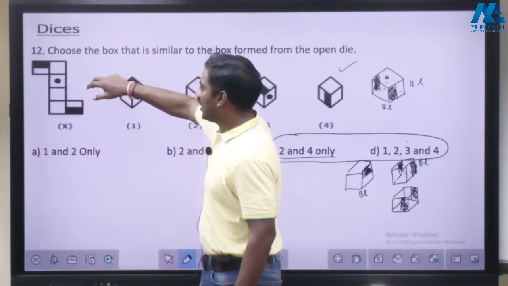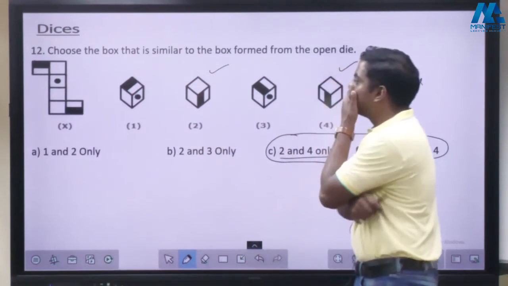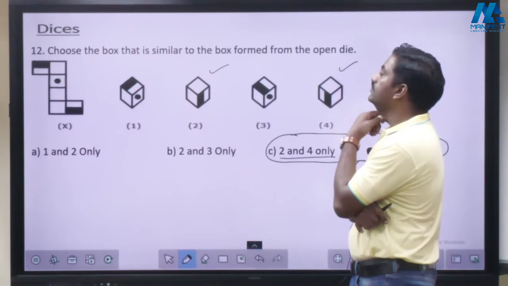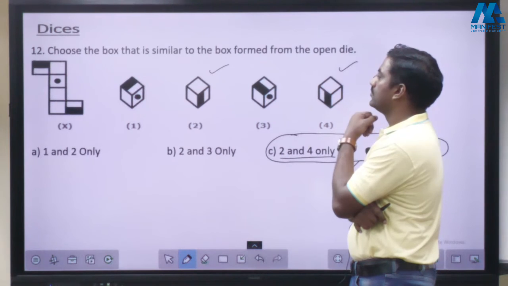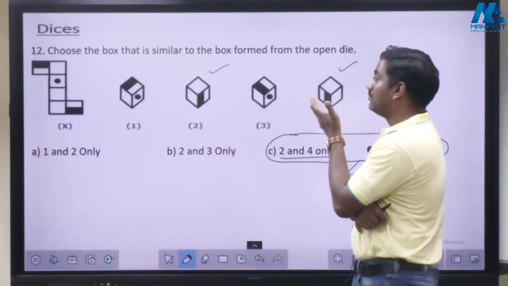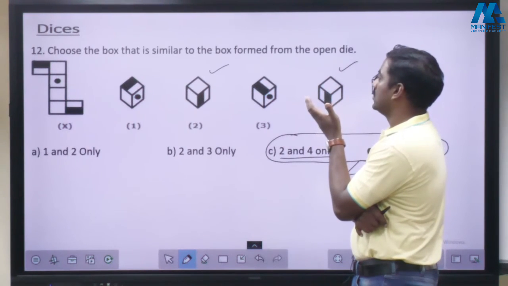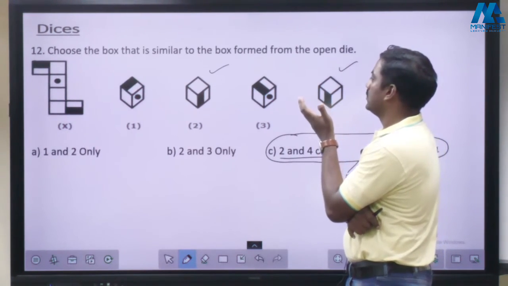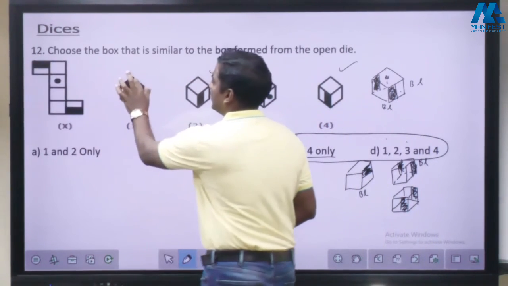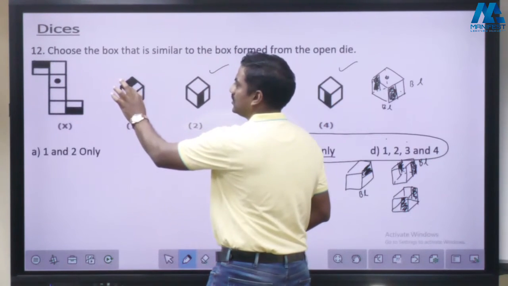Then you will turn like this. I am just trying to find out some shortcut, that's it. Keep it like this. Okay, bring it like this.